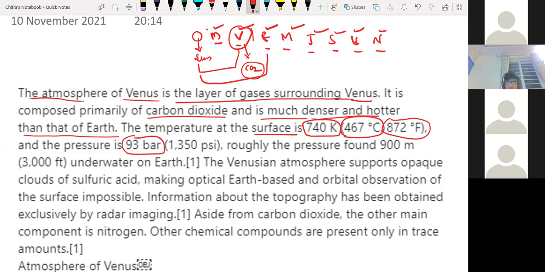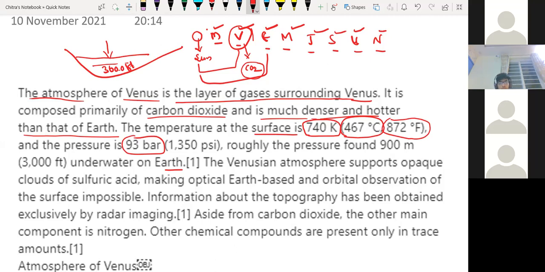Roughly, this pressure is found at about 900 meters, about 3000 feet underwater on the Earth. If this is the ocean and you go down into the water body, at about 3000 feet depth you will feel that much pressure. That much pressure is present on Venus, so it is very high.